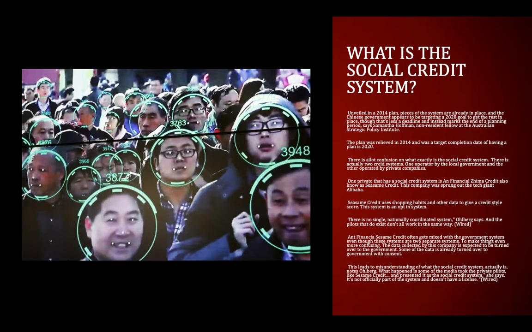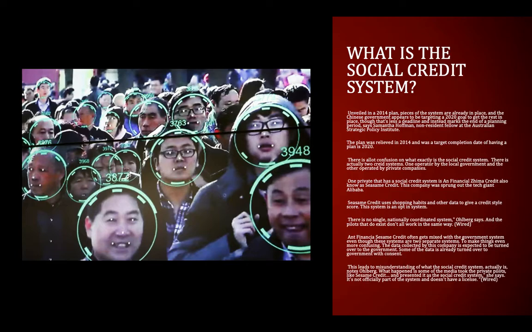Ant Financial Sesame Credit often gets mixed up with the government system, even though these are two separate systems. To make things even more confusing, the data collected by this company is expected to be turned over to the government. Some of the data is already turned over to the government with consent. Wink, wink. This leads to misunderstanding what the social credit system is.